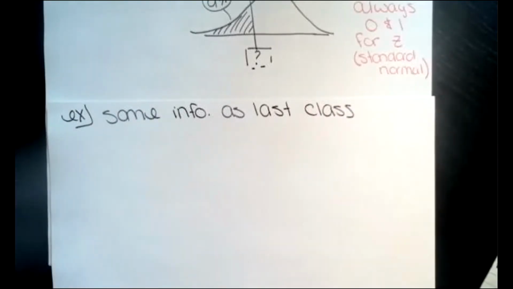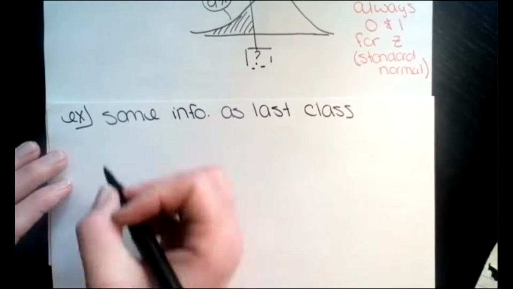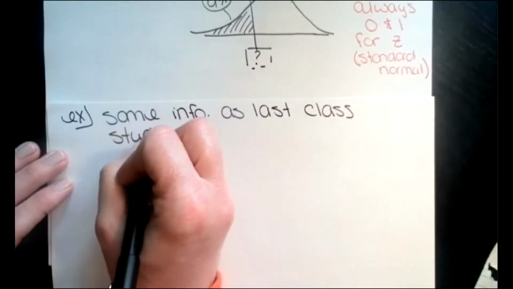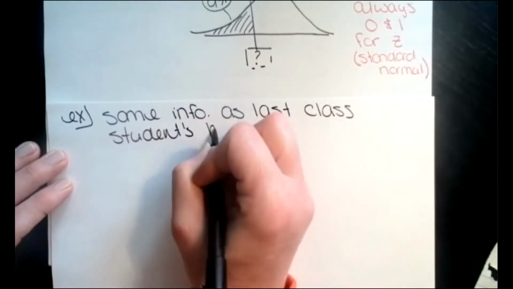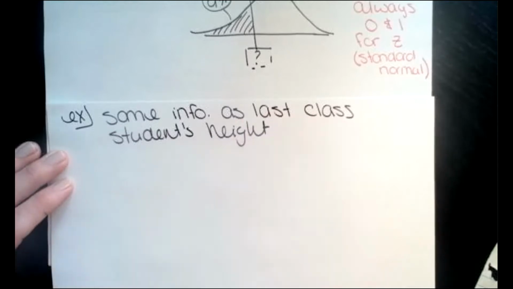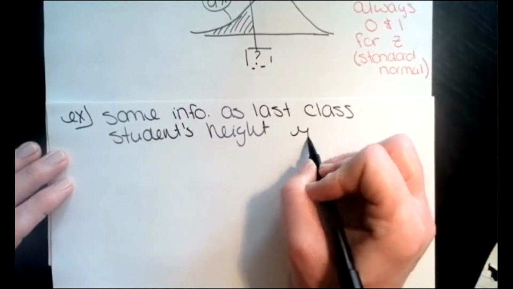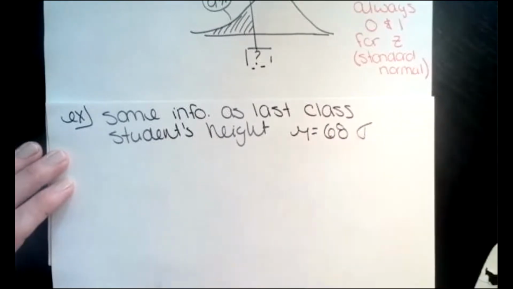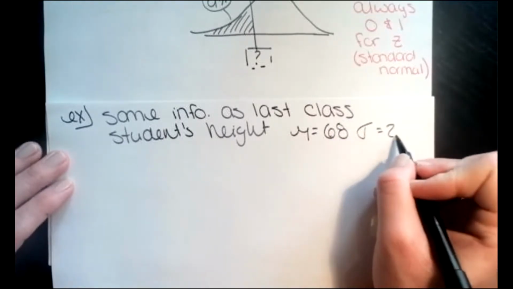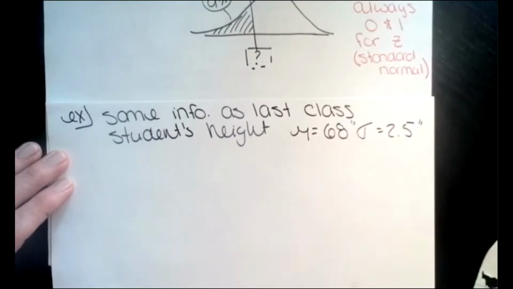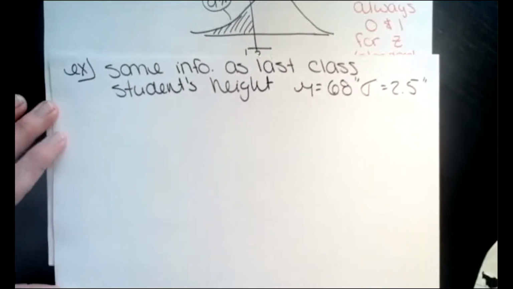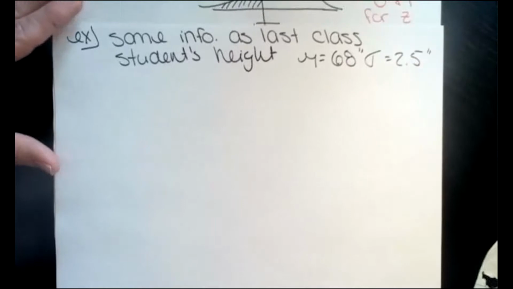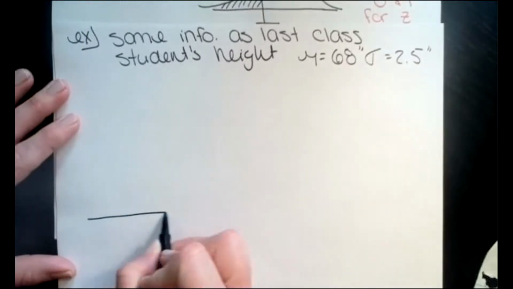So if we remember, we were looking at the student's height, and it had a mean of 68 inches, and I believe the sigma, I'm trying to look, 2.5 inches, right? So I'm going to draw that curve, and I'm going to apply the standard normal to it in just a minute.